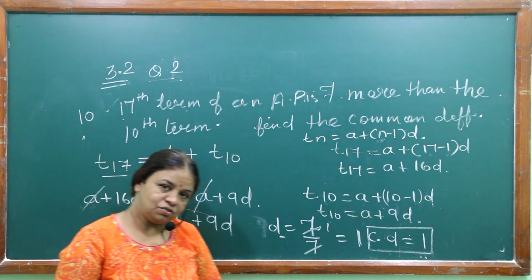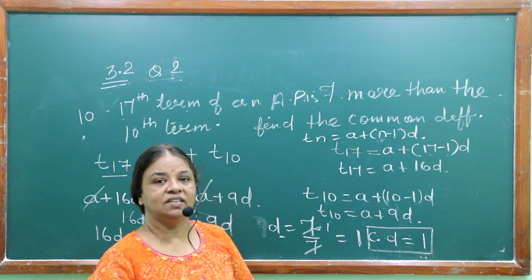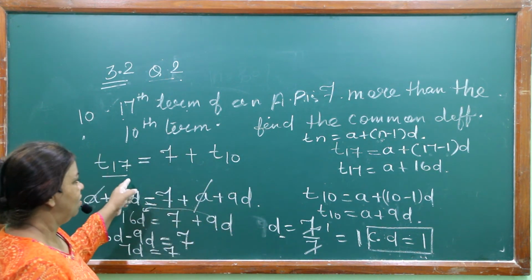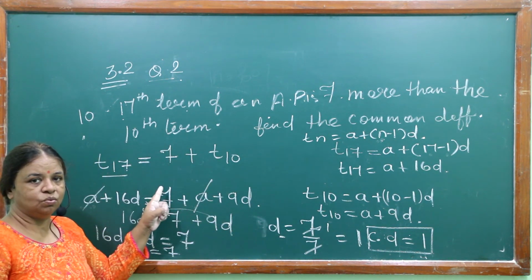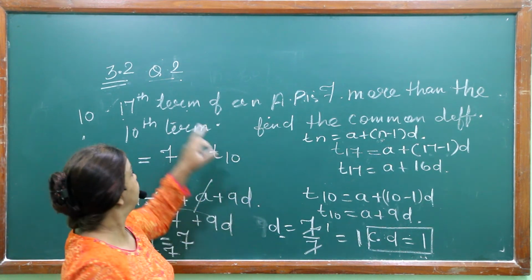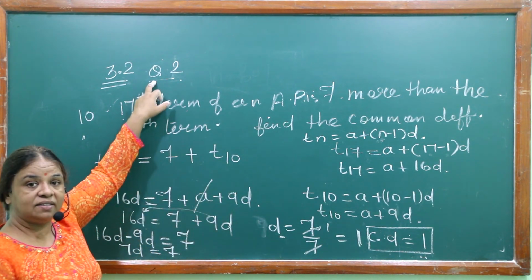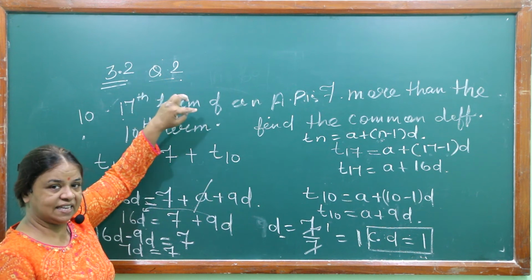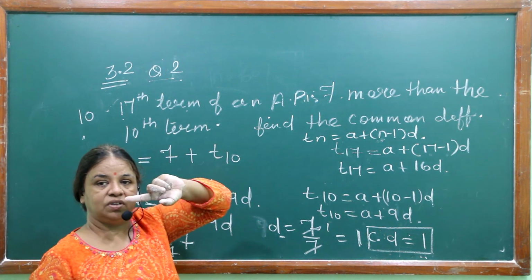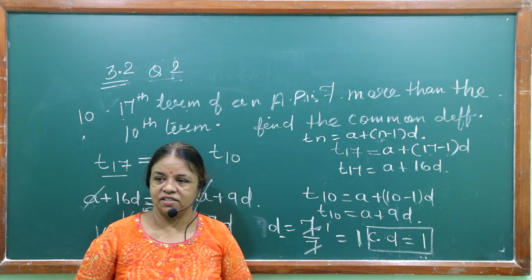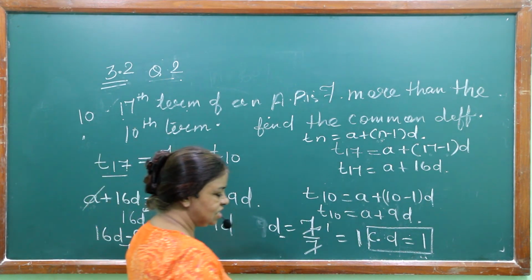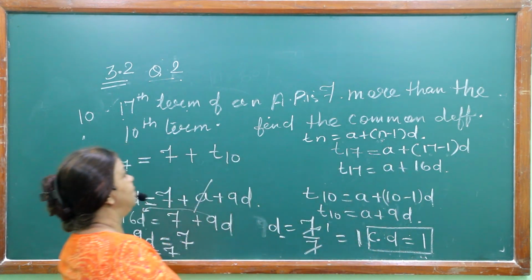Now in the next video we will go for exercise 3.3. Question number 2, I'll be explaining the 3.2 question in the 3.3 exercise. Let me explain now, children. Let me write it.